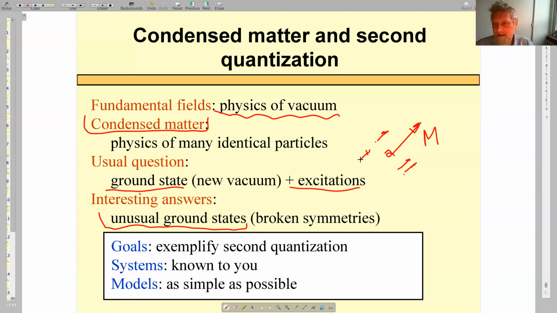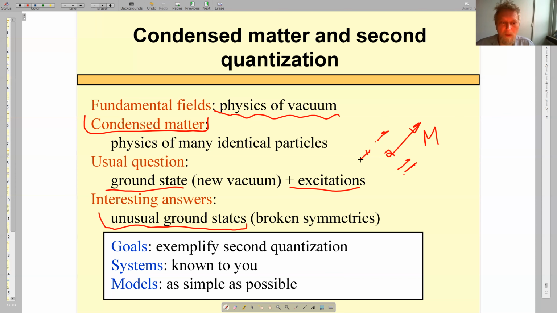Good. That sets the goal for coming to lectures. The goal is perhaps rather technical. We want to see second quantization at work. How does it work? With concrete examples. And it's better to take systems which are known to you, either from solid state course or from whatever general practice.